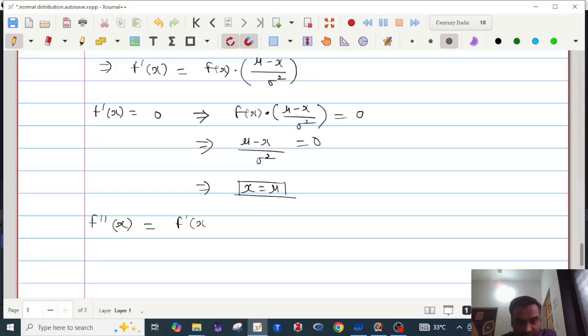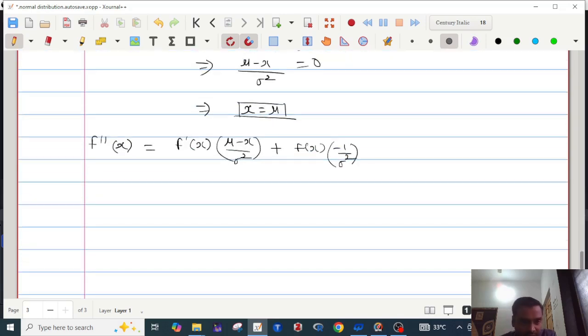Keep this (mu minus x) upon sigma square as it is and differentiate f dash x. Now keep f x as it is and differentiate this with respect to x. The derivative of mu upon sigma square is 0, and the derivative of minus x upon sigma square is minus 1 upon sigma square.